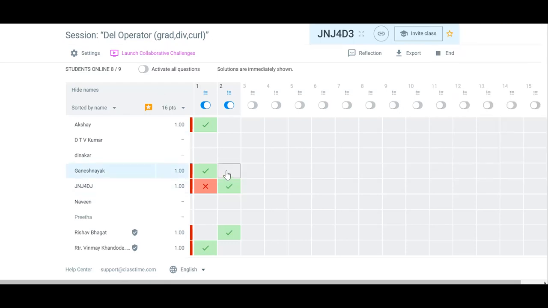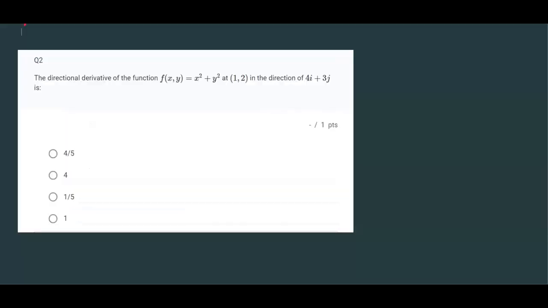Why very few students for this problem? This is a very, very simple question.